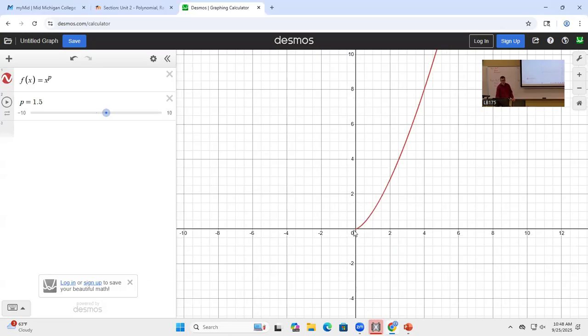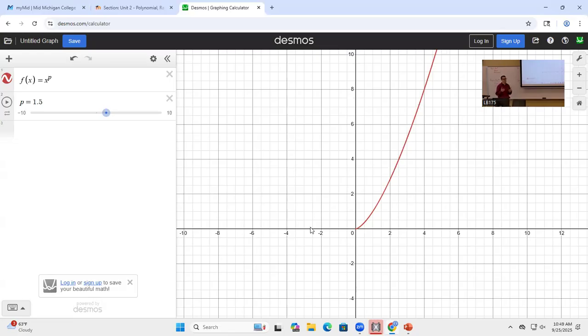Why doesn't it ever go left of the y-axis? Yeah, well, essentially 1.5 power is like a square root of x raised to the third power. Does that make sense?